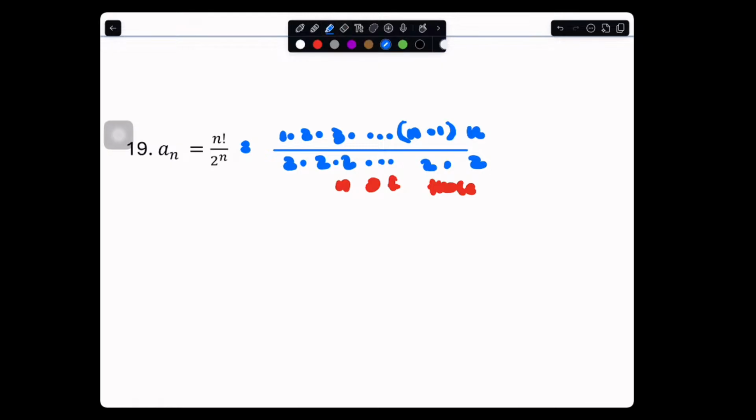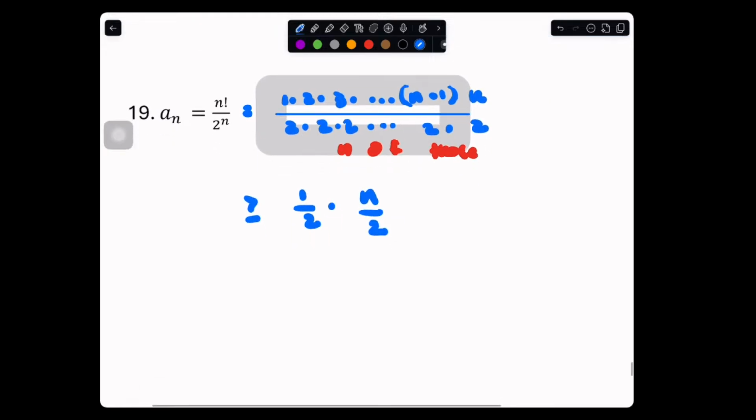So we're going to focus on now these terms and know that this is going to be greater than or equal to 1/2 times n over 2, which makes this portion here n over 4.